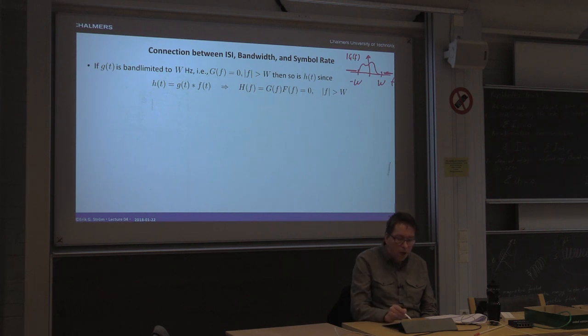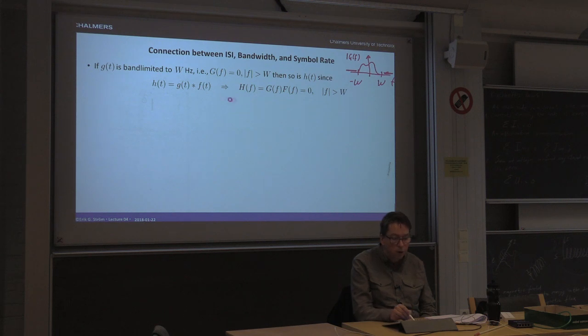Then what can we say about h? Well, h is the convolution between g and f. So can we say something about the band limitation of h? Let's take the Fourier transform on the left-hand side and right-hand side of this, and then we get capital H, the Fourier transform of small h, equal to the product of the Fourier transform of g and the Fourier transform of f.